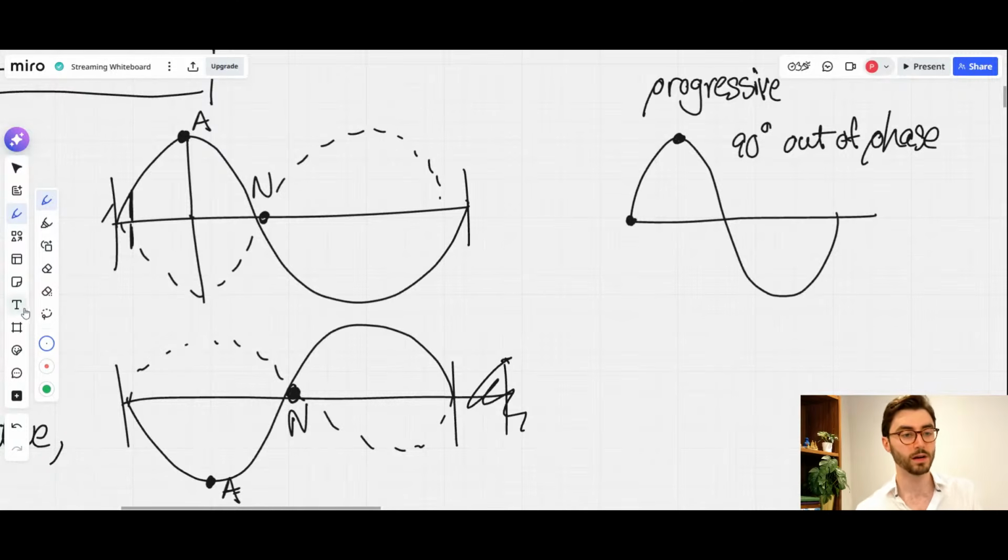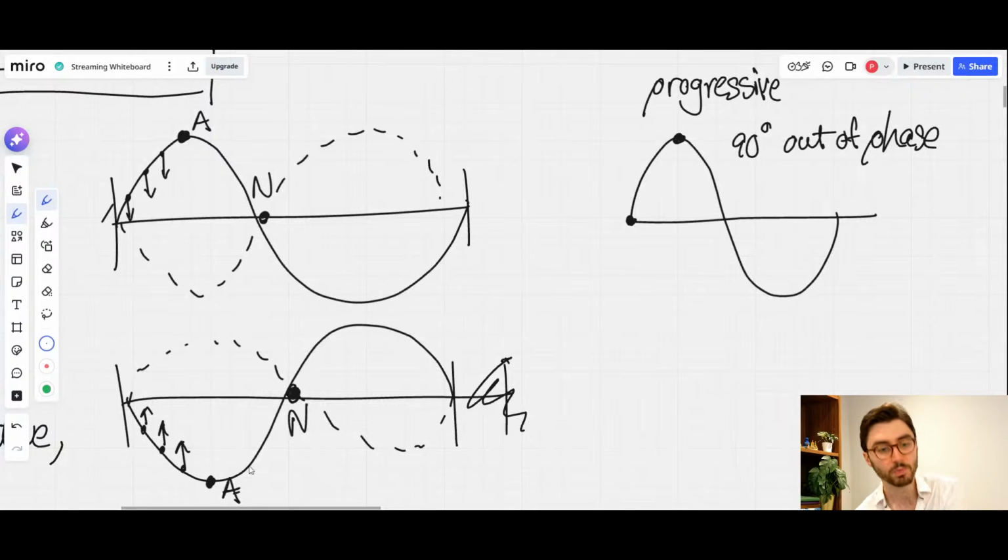Whereas here, in the standing wave I have on the left, all of these points are actually at exactly the same point in their cycle between two nodes. At this point, all of the points are at their maximum displacement and are about to move downwards. And here, all of the points are at their minimum displacement and are about to move upwards.